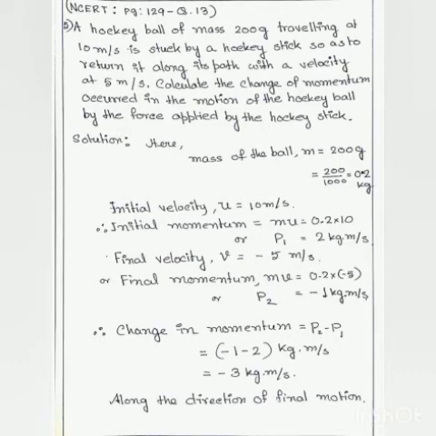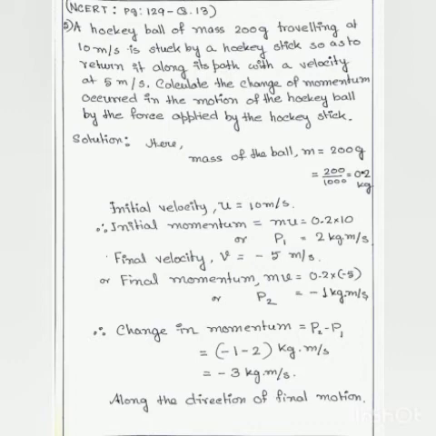Here mass of the ball, that is m, is equal to 200 gram or 0.2 kg. Initial velocity of the ball u is 10 meter per second. Therefore the initial momentum m into u, that is p1, equals 0.2 into 10 or 2 kg meter per second.